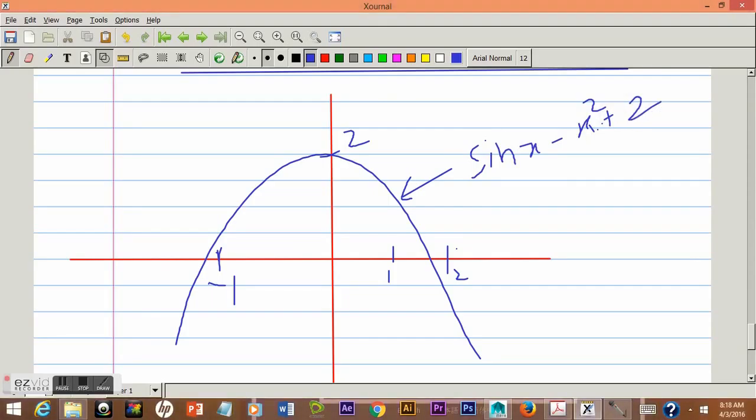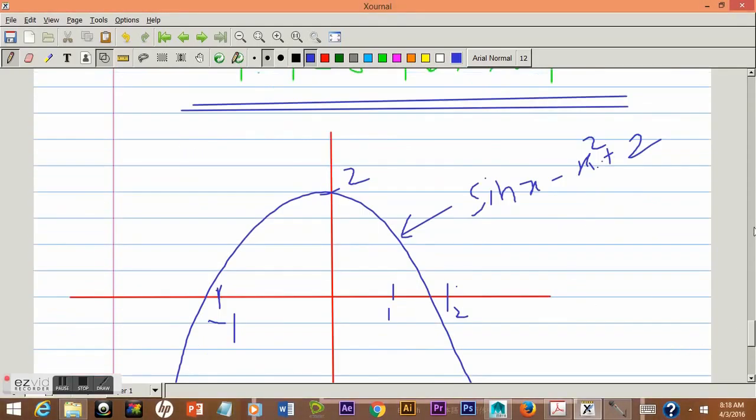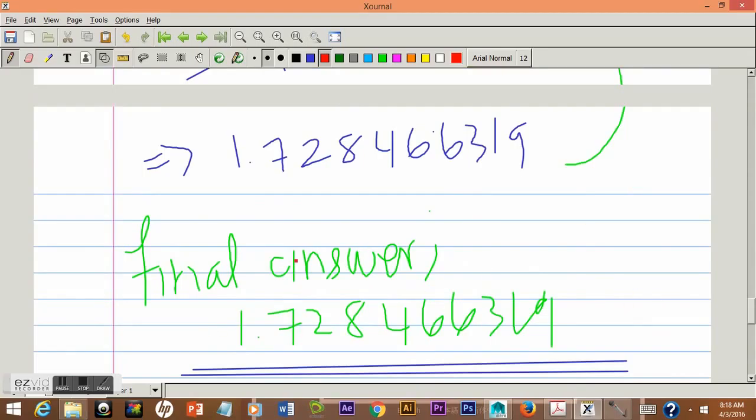So we have found this positive root. We have found the answer 1.7 because it's close to 1.7.